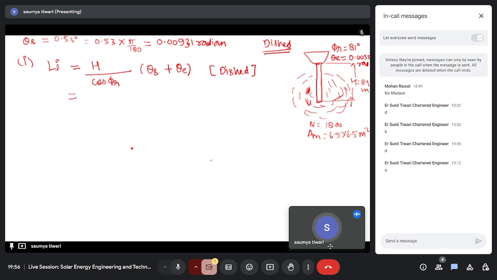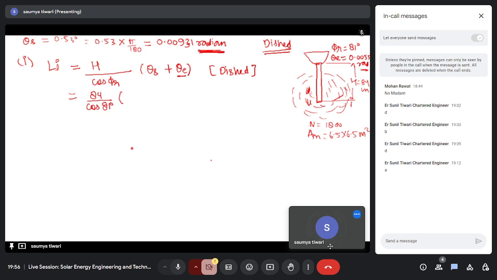So we put the values. H is 84, cos phi r where phi r is 81 degree, right? Note that theta e is given in radian, so you will put the theta s value in radian only, not in degree.